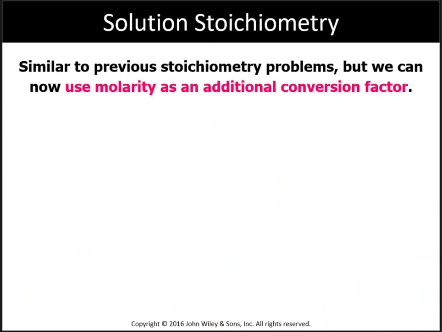Now let's look at some solution stoichiometry. Remember that from the molarity equation, we have the number of moles. So molarity is number of moles per liter of solution. And we want to show you that if we're doing reactions with solutions, we can still do a stoichiometry, mole to mole ratio.